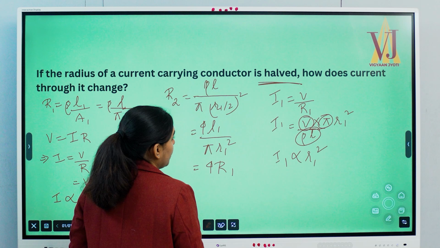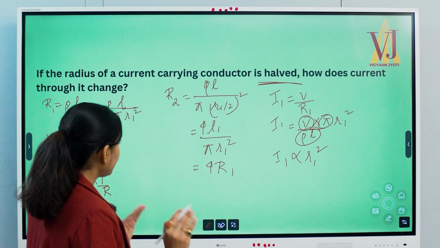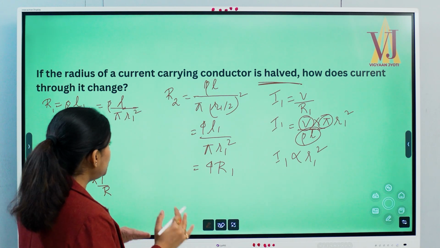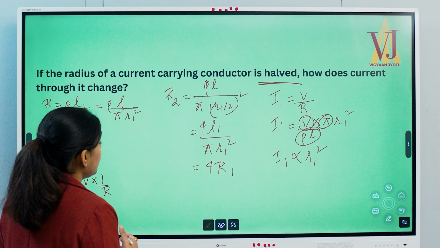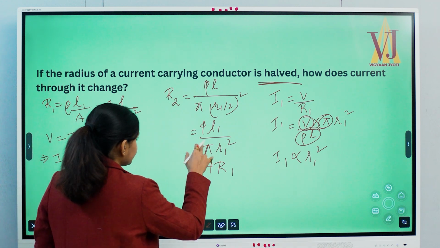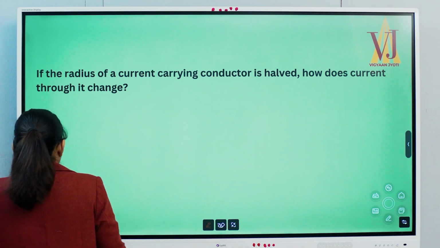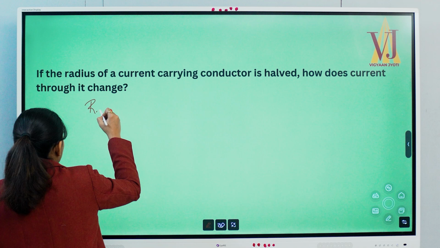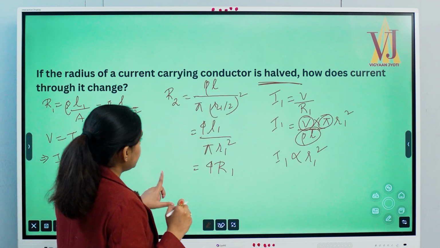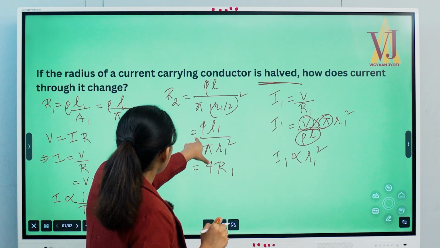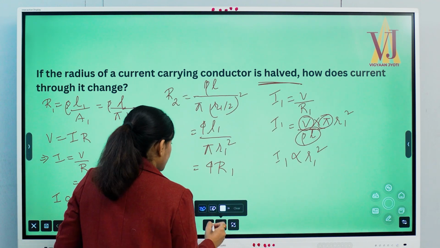I1 is this. Now this is for current 1. Clear? Now we have to find it for current 2 as well. That means what happens if my radius is changing. So let's do this. Resistance 2 we have seen, it is 4L, again the same story.